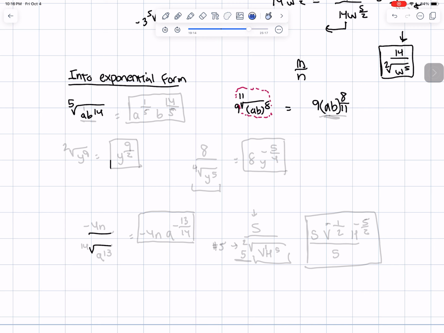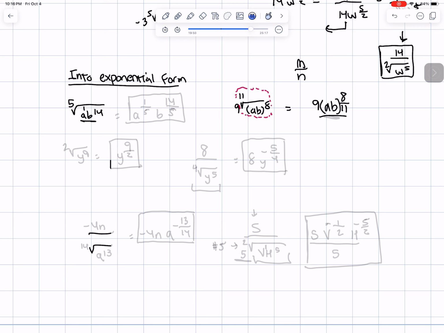Now, let's see another example where it's a little bit different. So do I have any parentheses here? No. So I have to write them separate as their own exponent. So here I just had to write 1 since they're combined. But here I have to picture that there's a 1 next to the a. So how I write it, if there's no parentheses, I have to separate into 2 exponents. Well, how do I do that? Well, as in a previous problem, if we have the same denominator, we can write them as 2 fractions.